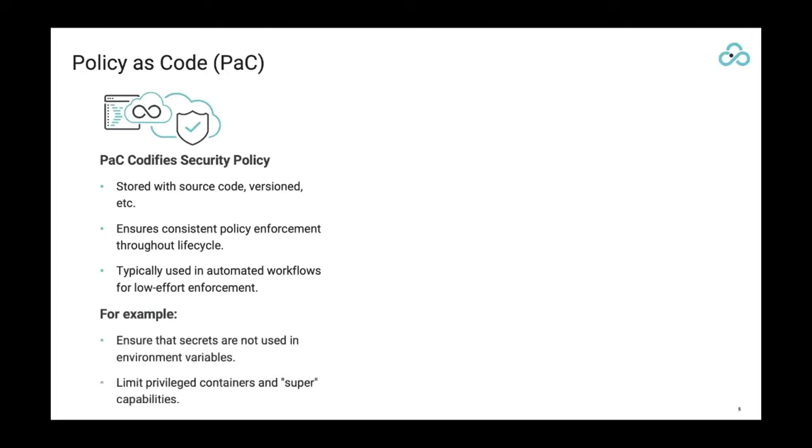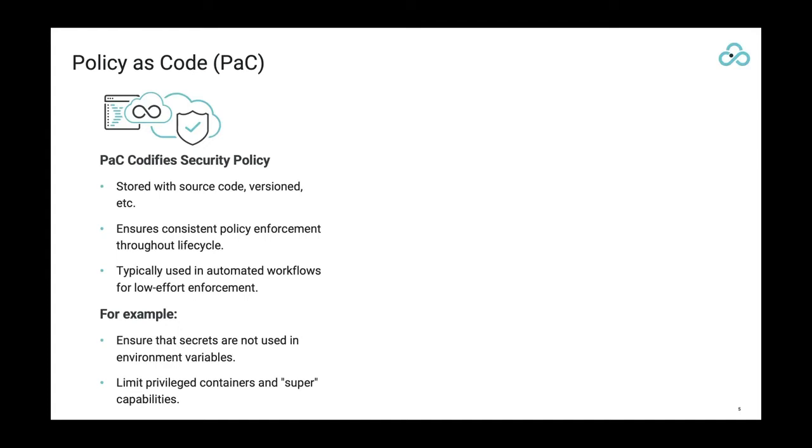Policy as code allows you to codify your security policies and store them as source code. You can version control them as well. It allows you to consistently enforce security policies throughout the life cycle, from development, pre-deployment, deployment to operations. It's typically used in automated workflows because it is a low-effort enforcement.